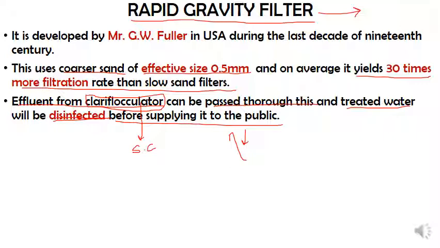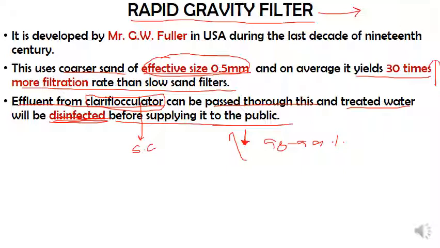The reason for disinfecting this water before supplying it to the public is that here the efficiency of treatment is less. The bacterial removal percentage in a slow sand filter is around 98 to 99%, whereas here it is quite less than that. The reason is that the effective size of the material is more, because of which the rate of filtration is more.